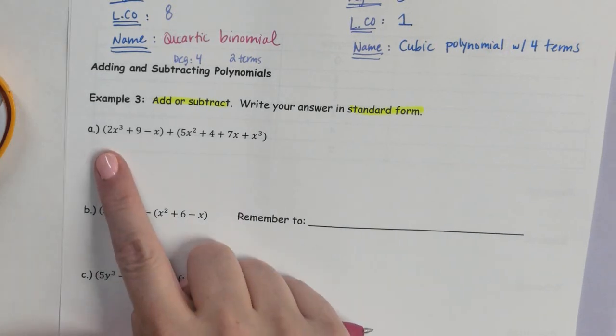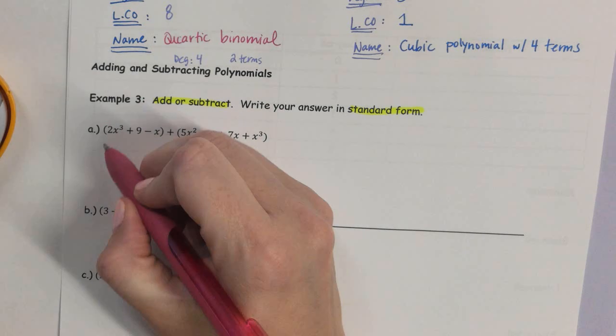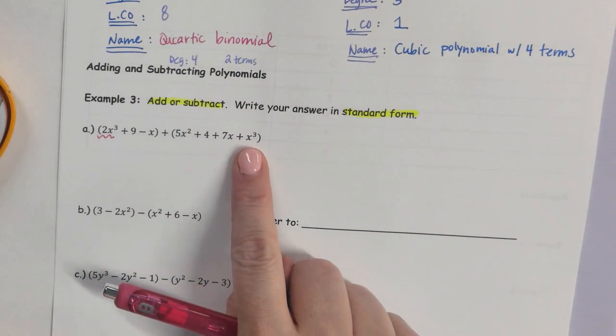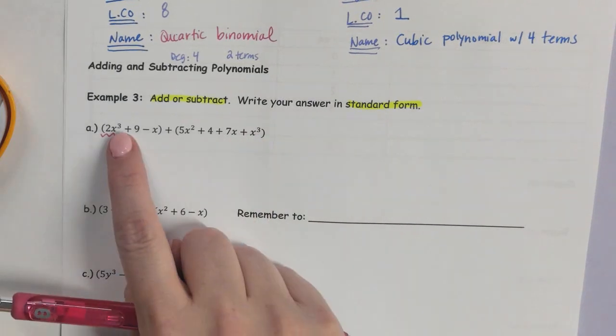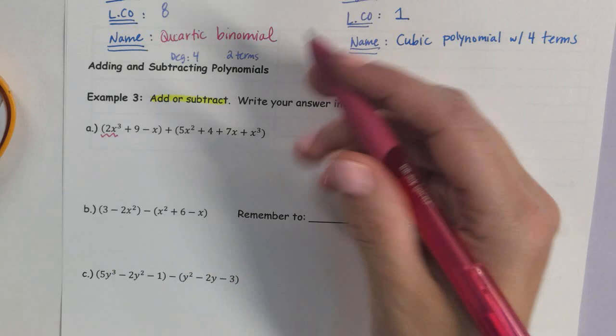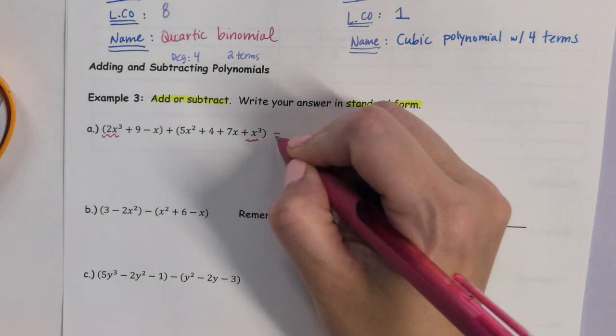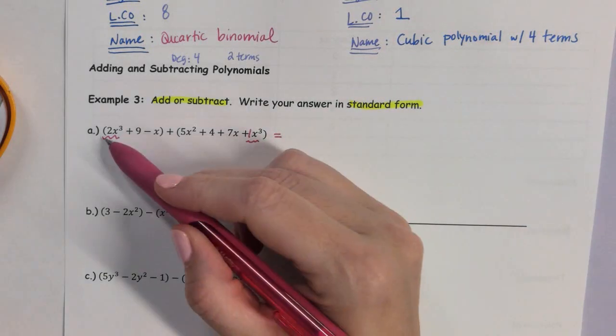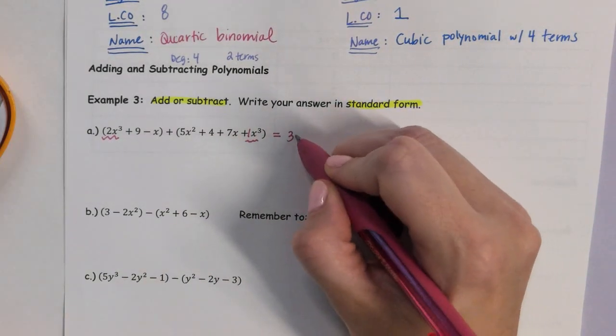When I'm looking for these, I always start with what I'm given first, and I look for the highest exponent. So x cubed is the highest exponent. I have 2x cubed and x cubed, so they both get the squiggle. Remember this is like a 1 in front. So 2 and 1 is going to be 3x cubed.